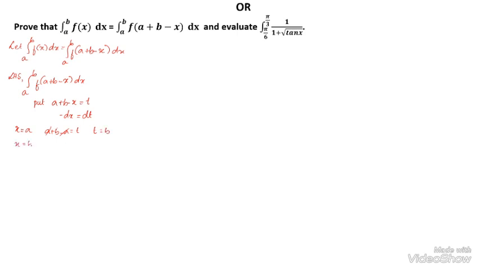Similarly, x equals b gives a plus b minus b equals t, so the limit value becomes a.